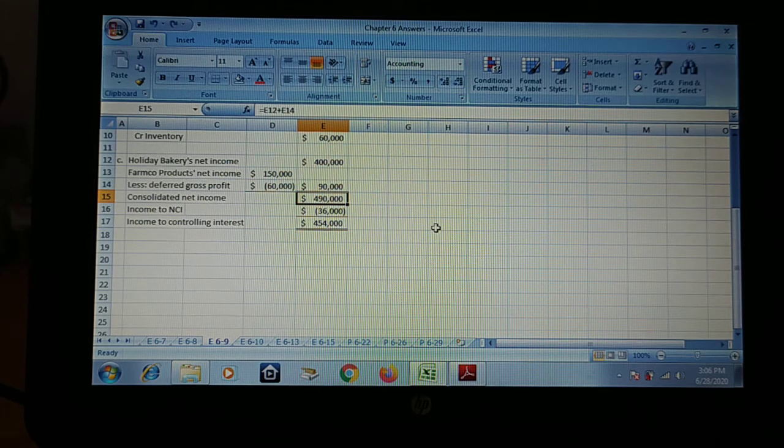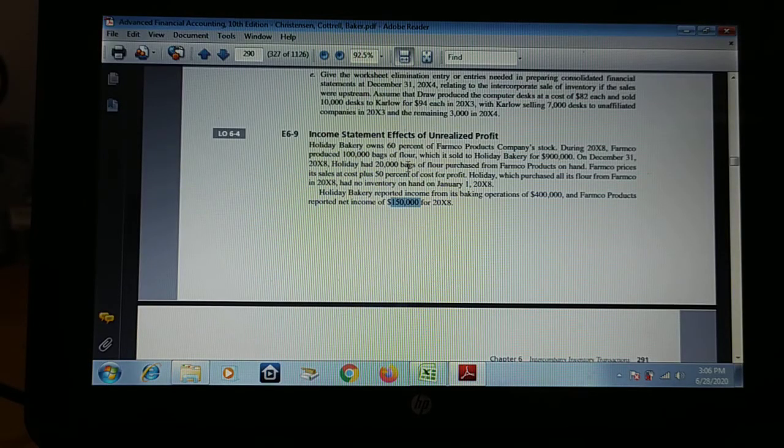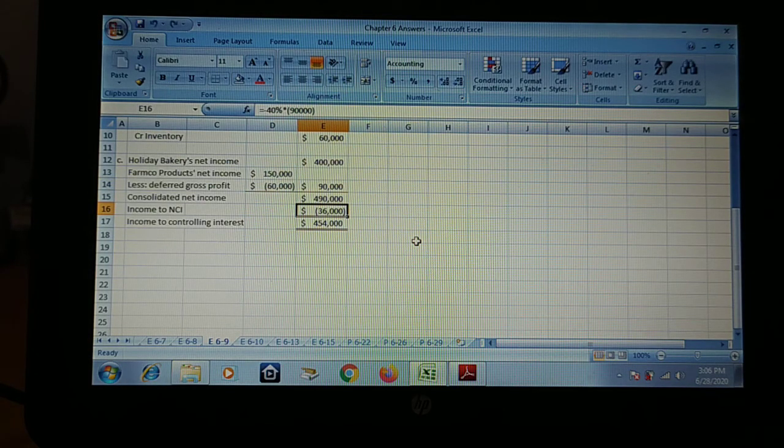In order to find the income to controlling interest, we need to subtract the income to NCI. How to find the income for NCI? It is 40% of 150,000 minus 60,000. Why? Because this is an upstream sale, and for an upstream sale, the deferred profit is distributed to the parent and the NCI also.